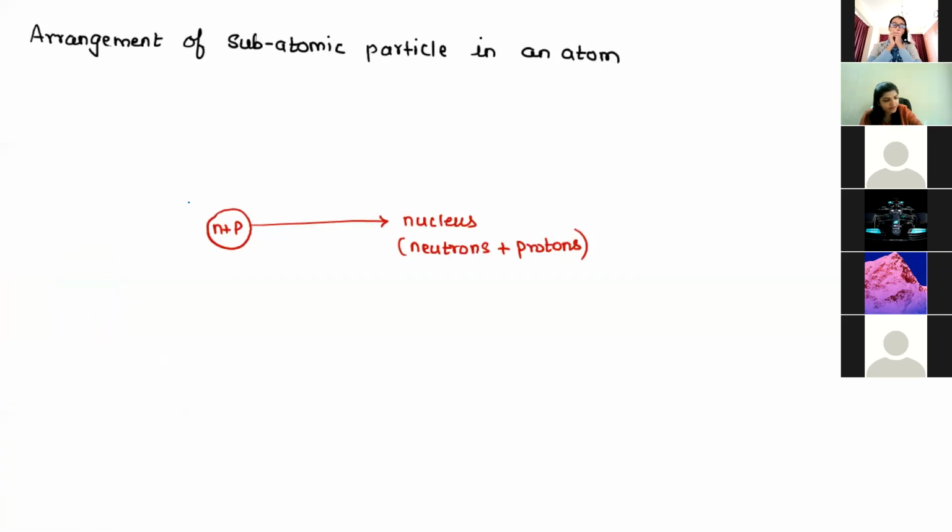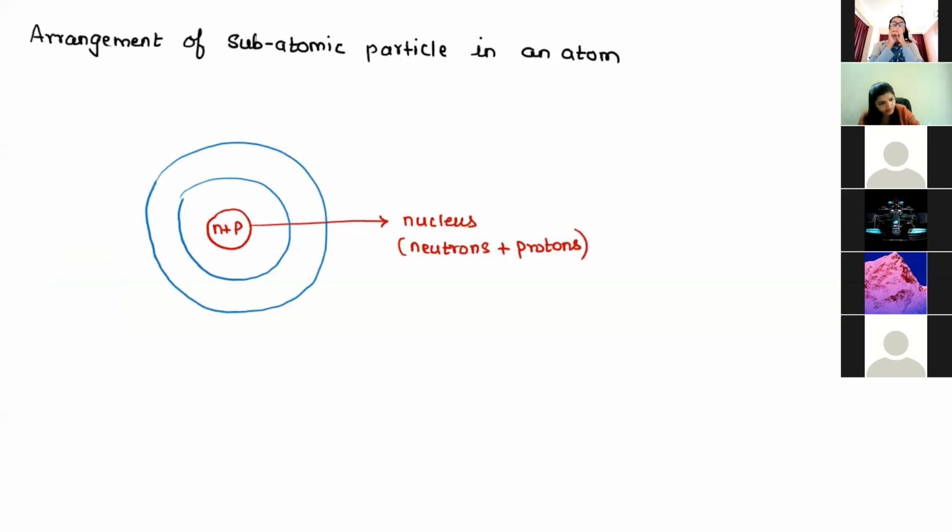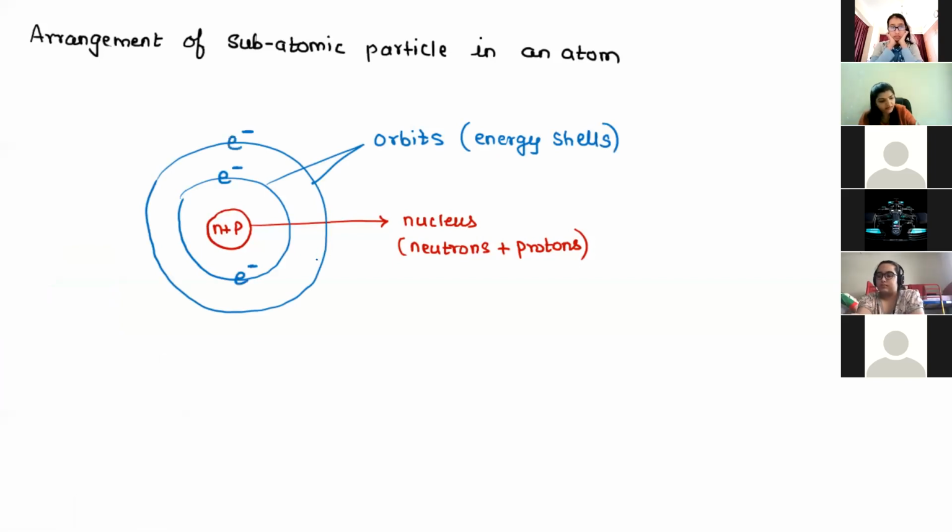Then there are orbits. These are called orbits, or they are also called energy shells. And in the energy shells, there are electrons revolving in the orbit. The first orbit can hold 2 electrons, the second one can hold 8, and the third can hold 18.